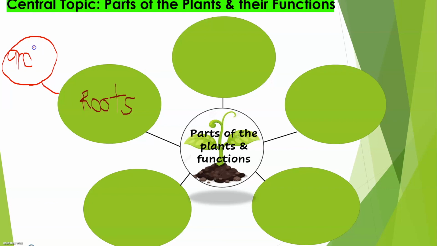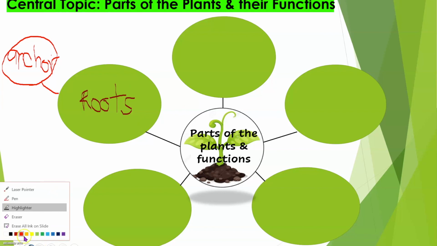Okay, like that. There you go. So, you put the part of the plant, which is the roots. Then you make another connection. You can put the word function, which is the anchor.